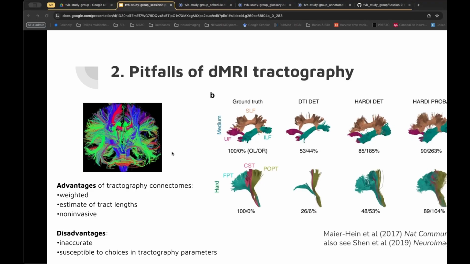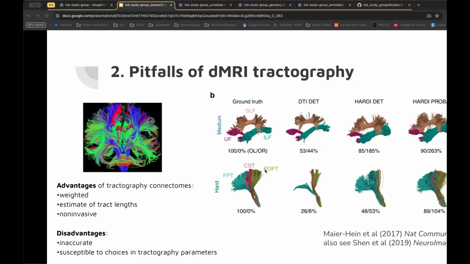But it has some disadvantages, and I think the main one is that it's highly inaccurate, and it's really susceptible to choices you make in tractography parameters. This is really nicely demonstrated in this Meyer-Hein paper, where they challenged research groups to, using diffusion tractography, recreate a ground truth model.